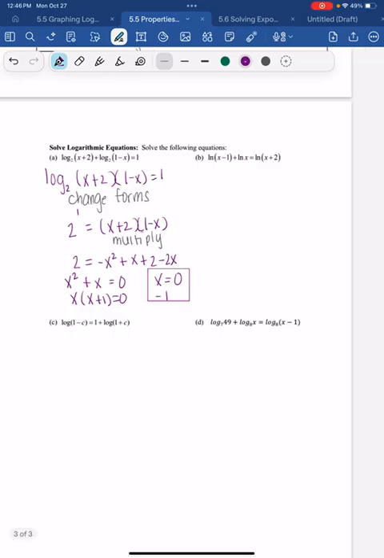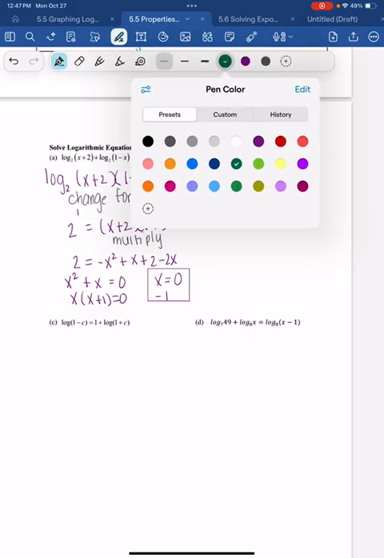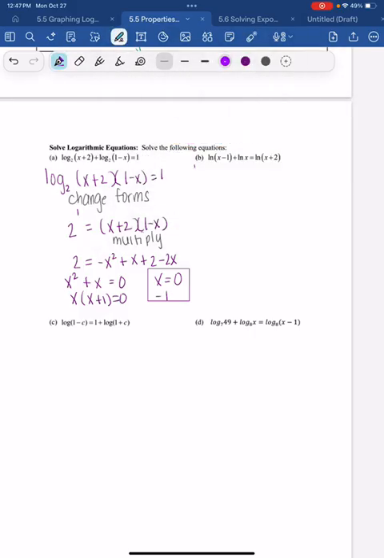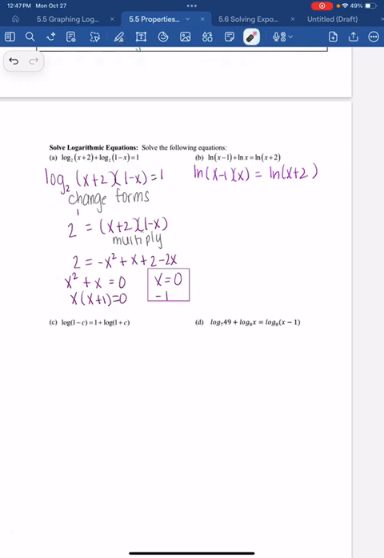Okay, the next one, again, combine it so that it's one log. So I've got x minus 1 and x for my arguments. So I'm going to combine that. So this is going to be the natural log of x minus 1 times x, and that's going to equal the natural log of x plus 2. And now you have equal base, equal arguments. So I've got an argument of x minus 1 times x on the left and an argument of x plus 2 on the right.